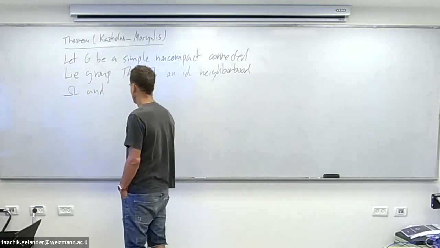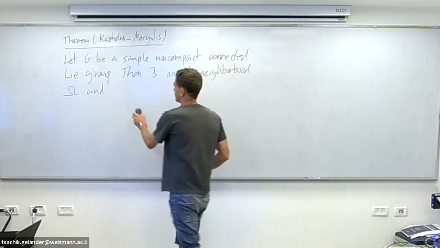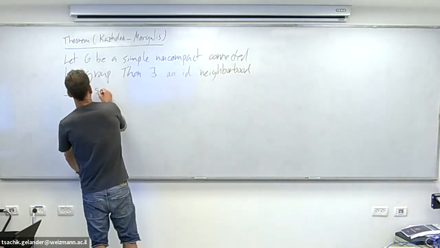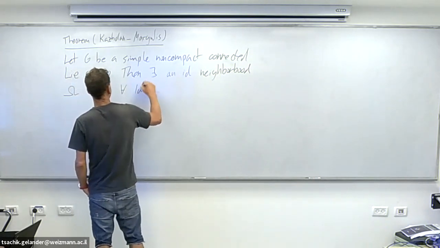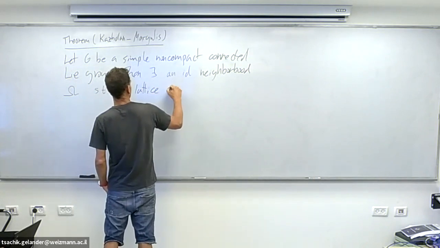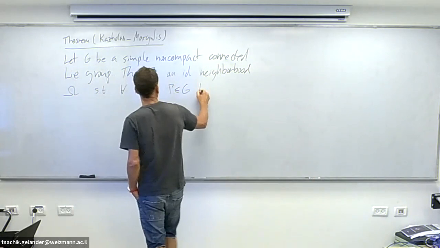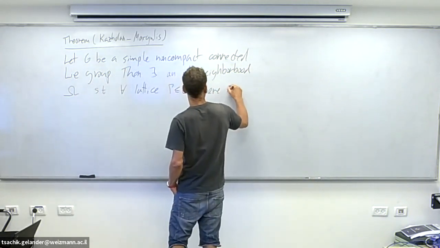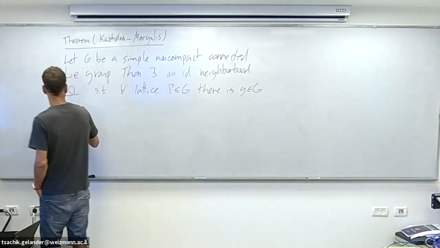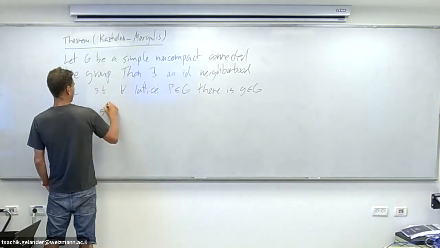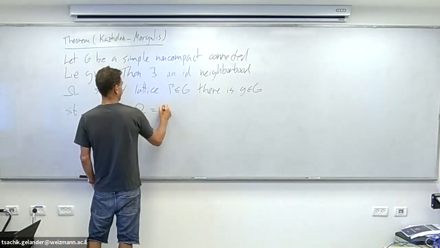And such that for every lattice there is a conjugate whose intersection with omega is trivial.